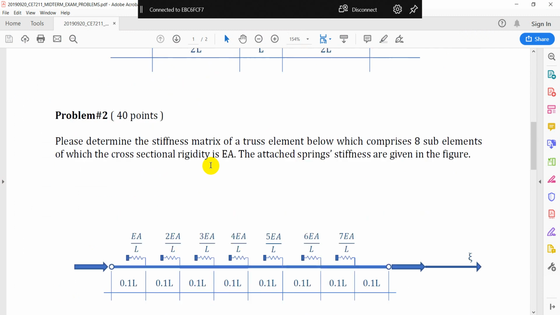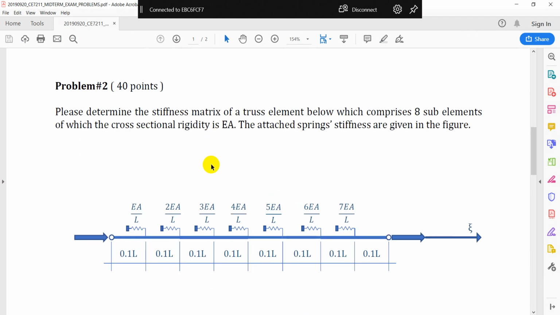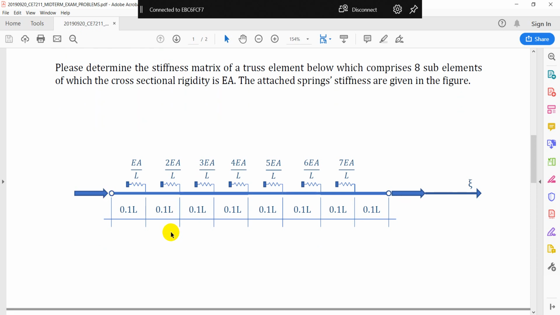20 points. Second problem. Well, pretty much the same. You have a bar element again, and at the nodes it is connected with the spring. So this spring resists the displacement in the longitudinal direction.